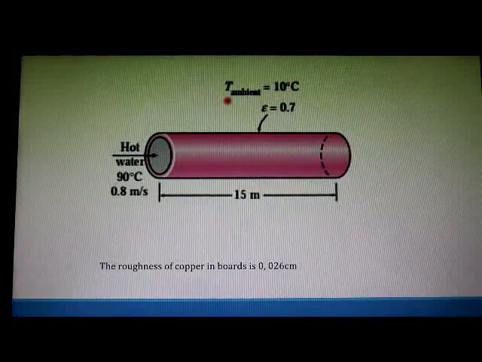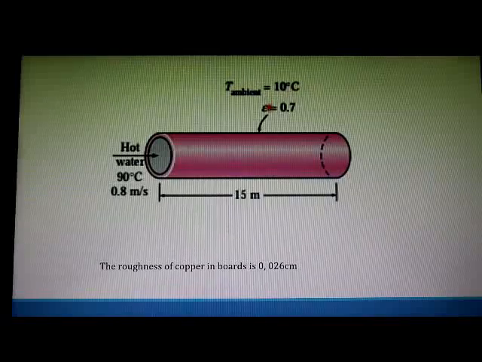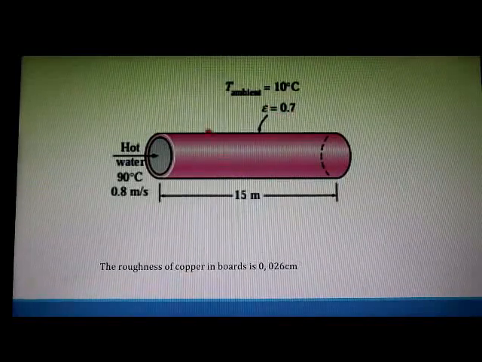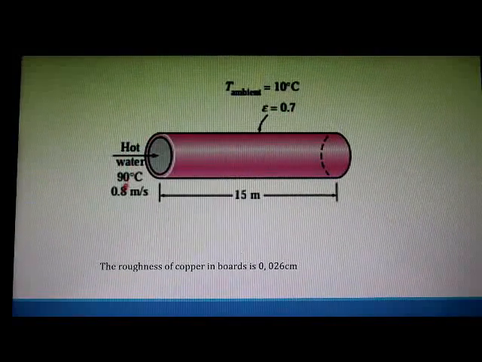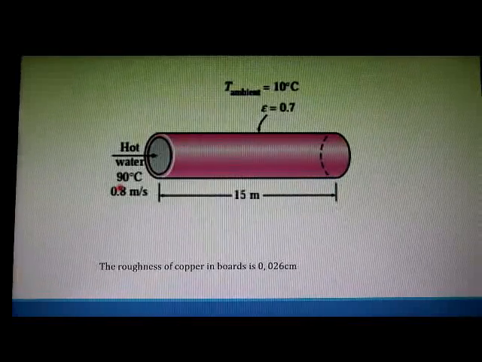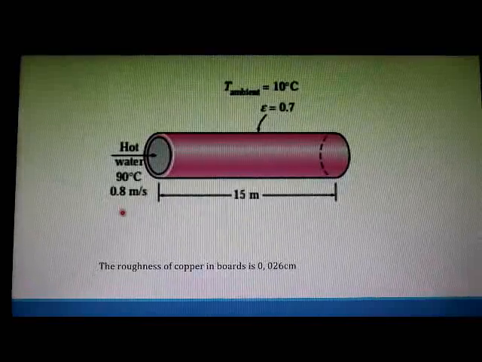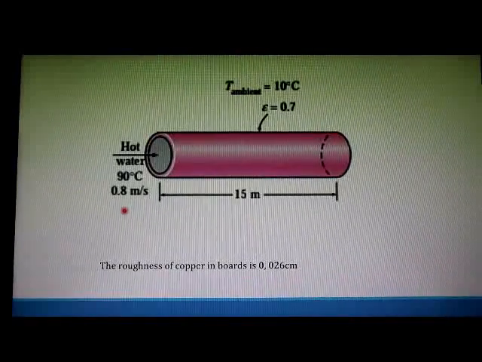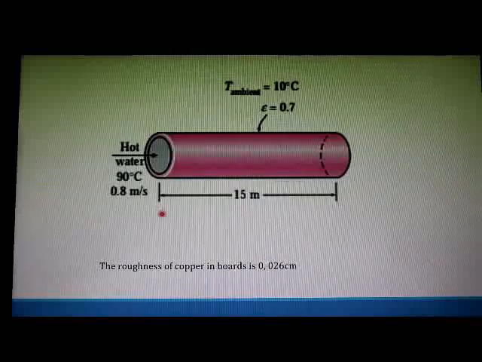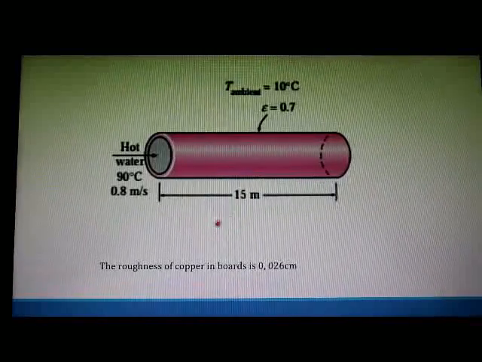The surroundings temperature is 10 Celsius, emissivity is 0.7, hot water at 90 Celsius, and a velocity of 0.8 meters per second. The length is 15 meters.